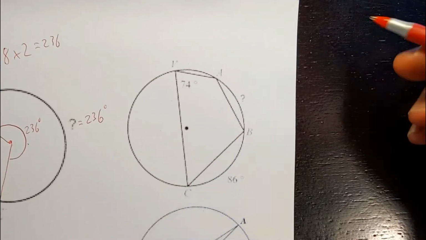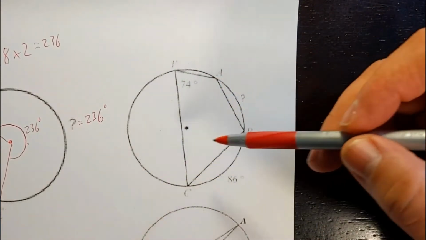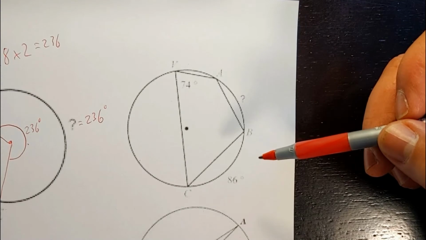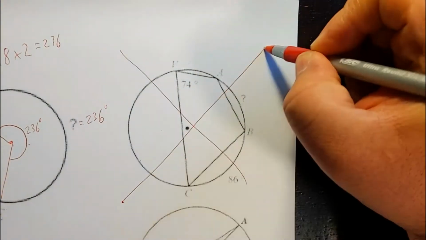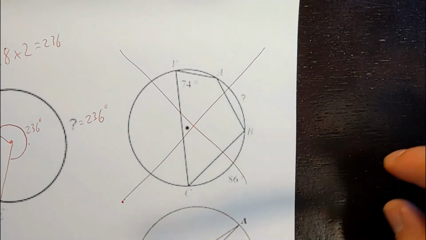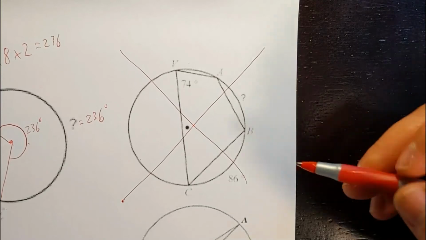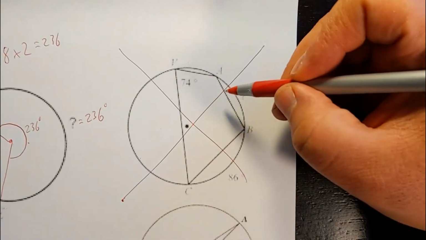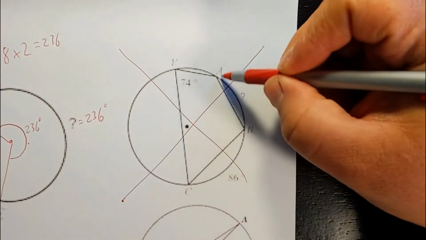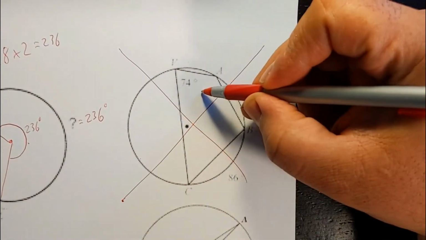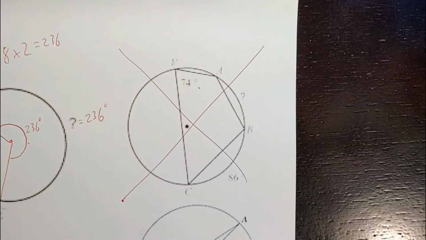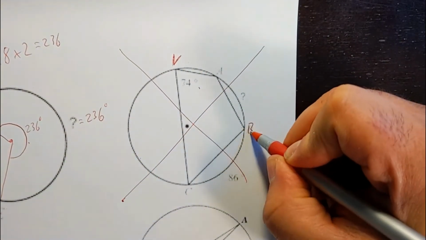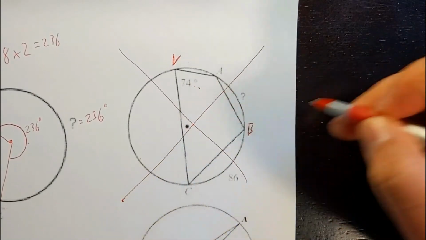Next type of example was this one, which was actually more difficult than it should have been. So I apologize for that. I will show you an example like that, and it'll be a lot better. The thing that you're going to have to remember on this kind of problem is that on inscribed quadrilaterals, the opposite angles are always supplementary. So that means like right here, V and B, those two angles are across from each other.